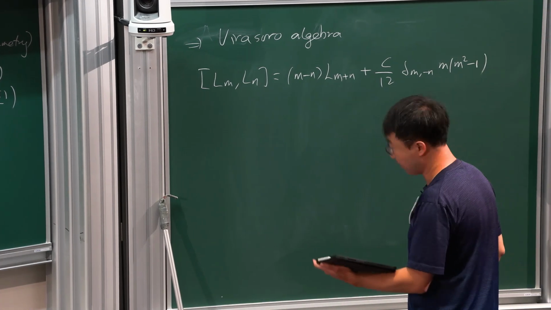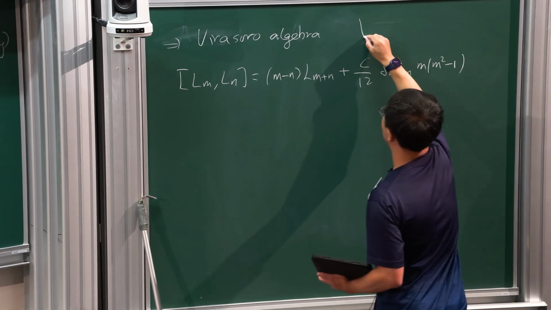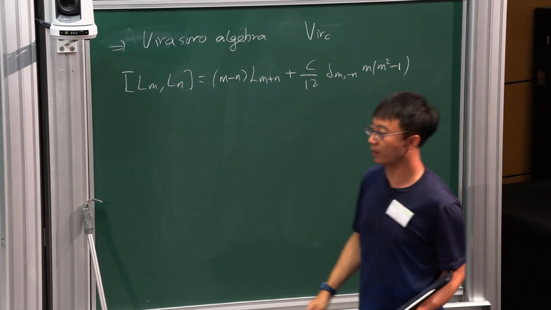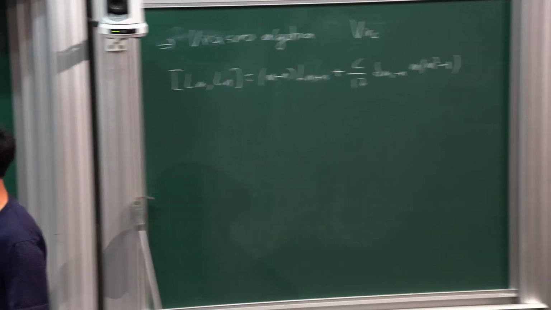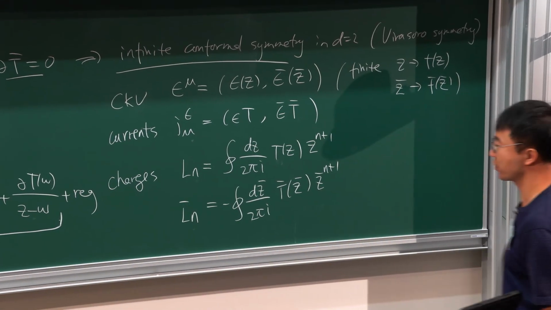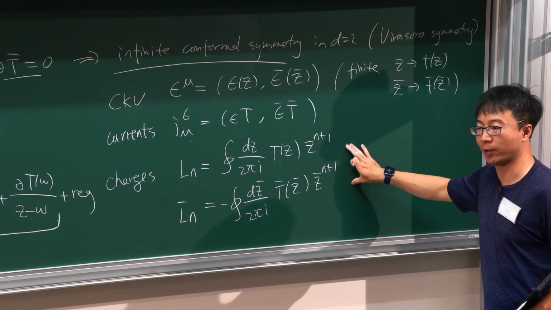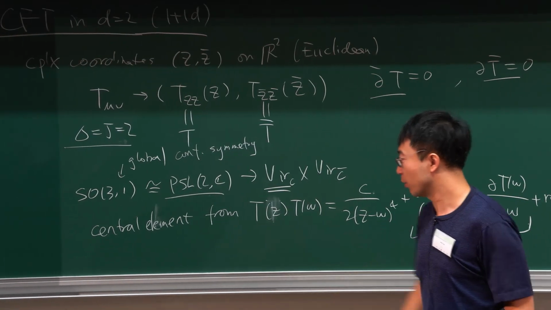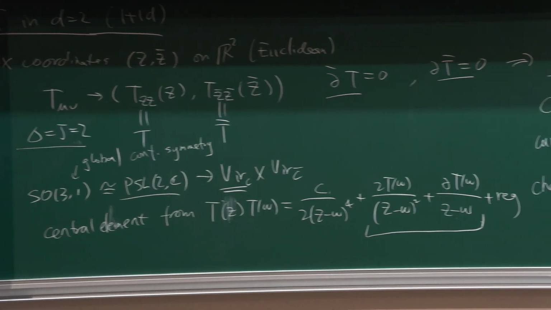And similarly, you have a similar algebra for the right-hand side generated by the anti-holomorphic charges, with central charge c bar. And these two algebras commute with one another, which will be a consequence of the OPE between T and T bar. I'll leave that as an exercise.